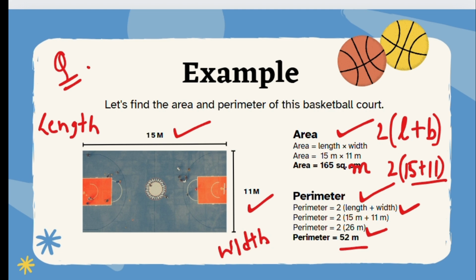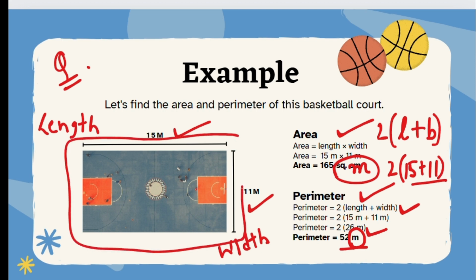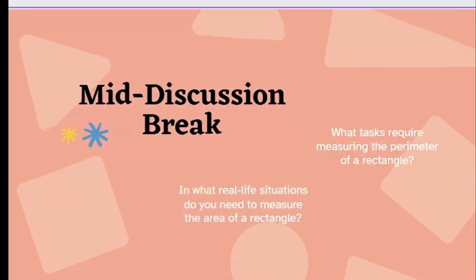You have to remember that in area the unit will be square meter and in perimeter the unit will only be meter. So the perimeter, meaning the whole boundary that it covers, will be 52 meter, and the area will be 165 square meter.